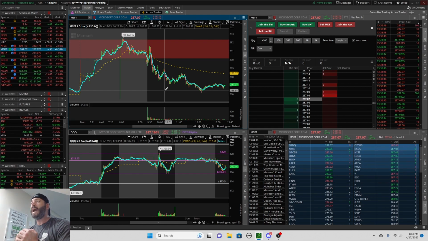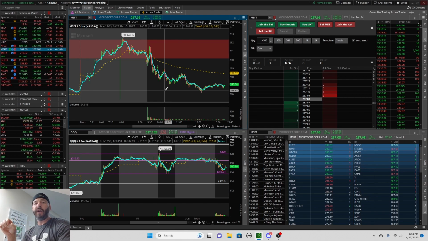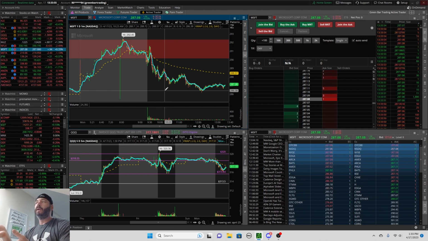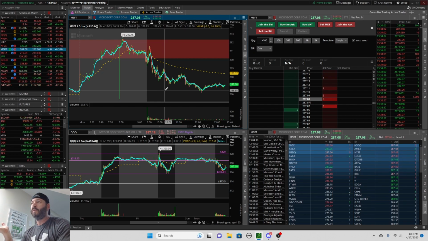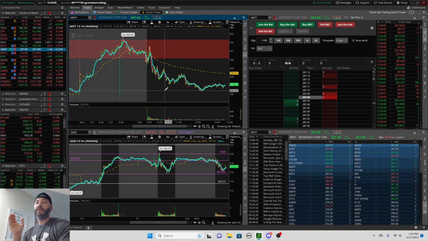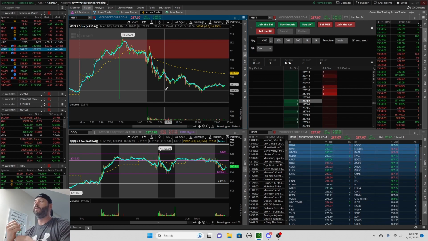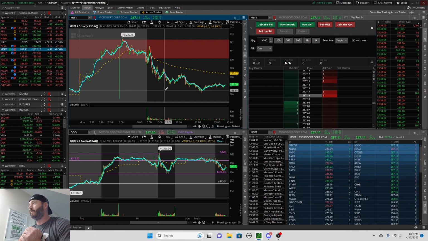Now, I had to do it with 4 contracts, making $30 per contract, but the outlay of money, all you needed was 900. All right. So that's a really nice return, just about 15% return on that trade. So that's a really, really good return for 15 minutes in the market.